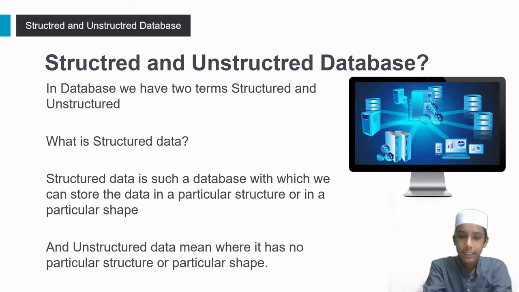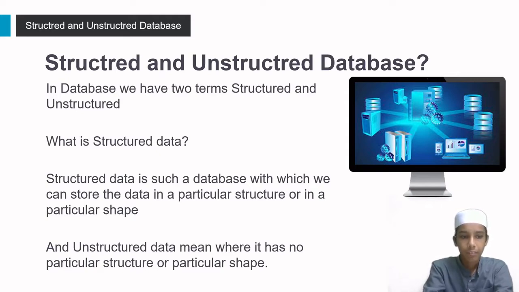Structured data is a database with which we can store the data in a particular structure or in a particular shape. And unstructured data means where it has no particular structure or particular shape.